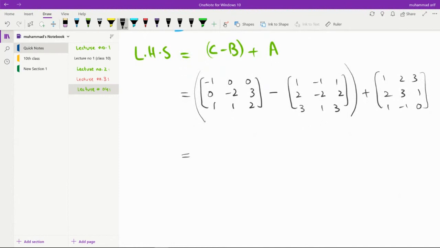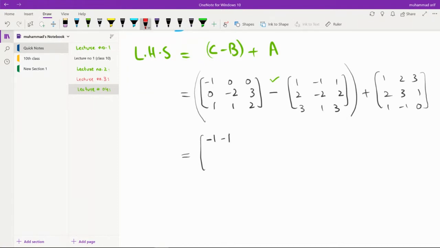First of all, we solve a bracket. In bracket, we see that there is a negative sign in between two matrices. That's why these two matrices are subtracted from each other. 1, negative 1 is subtracted from negative 1.